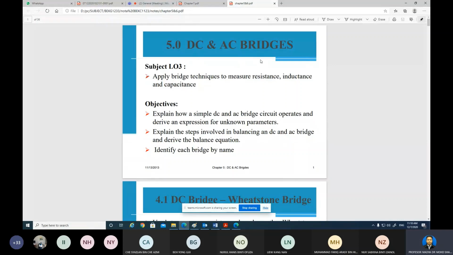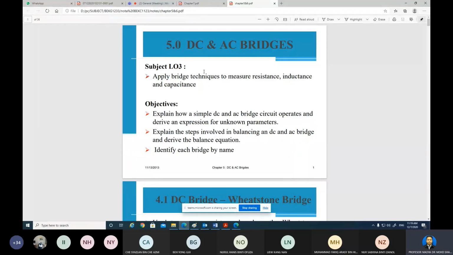For the AC bridge, we have four bridges, which I will explain maybe next week. Tomorrow there is no class, so I give you time to do revision and prepare for the midterms. Today we focus on the DC bridge.